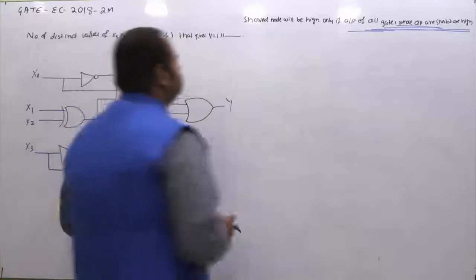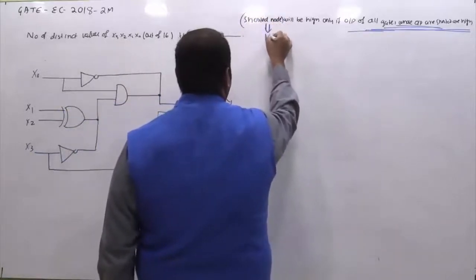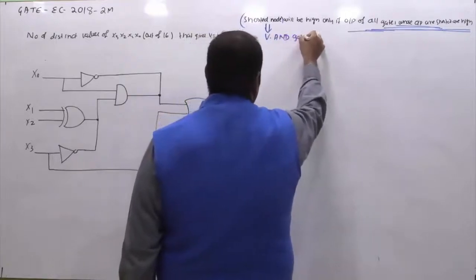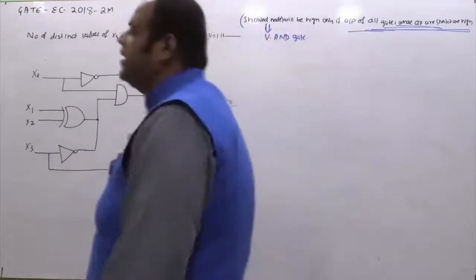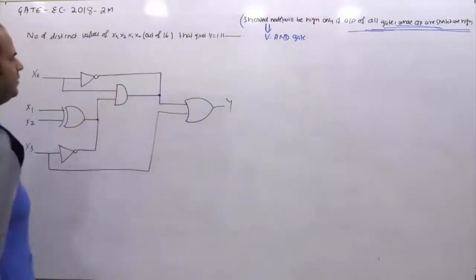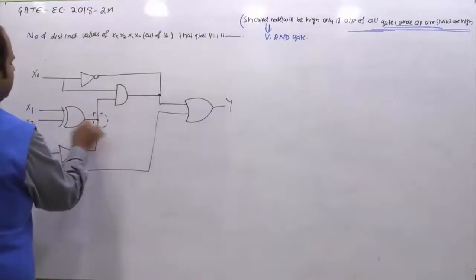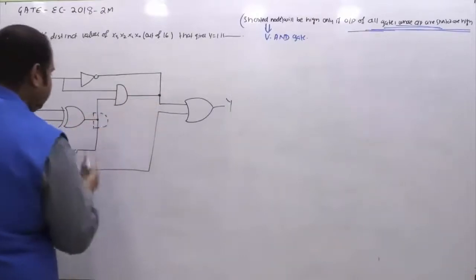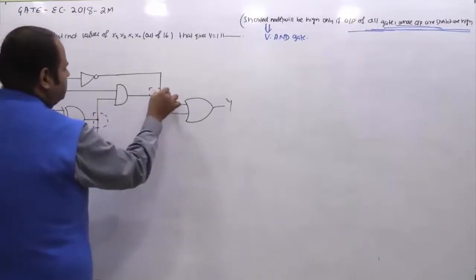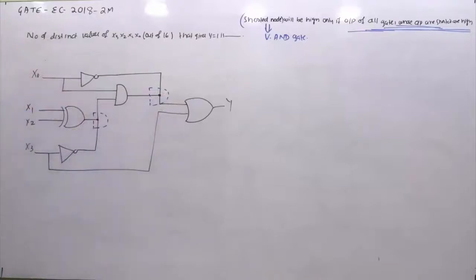So it means these shorted nodes are equivalent to virtual AND gates. Why am I using the word virtual AND gates? Physically the AND gate is not present, but logically, the way they have given the information, these nodes are behaving like AND gates.